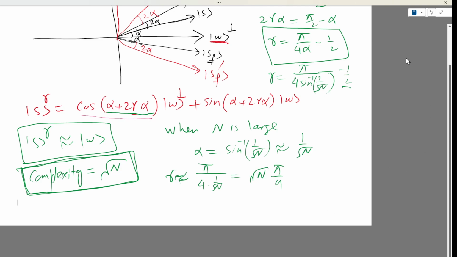So there's one last point that I still need to address, and that is how to implement V, or how to work out the circuit for V. So let's do that now. Circuit for V. So remember, V was a reflector around S axis.